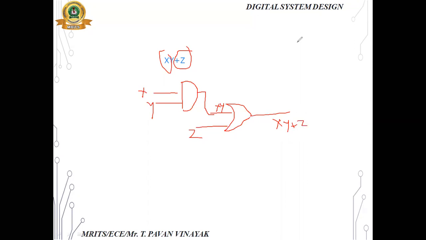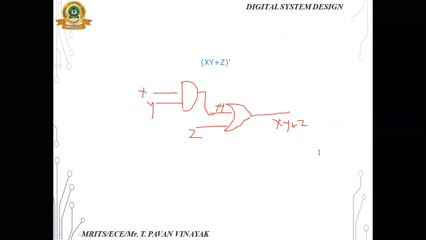Suppose I want XY plus Z whole bar. Then what is the circuit?